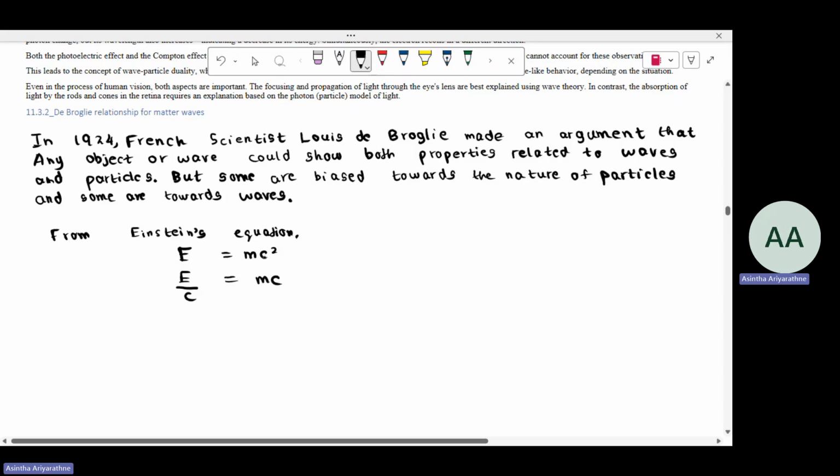Here c is the velocity of light, 3 times 10 to the power 8, and m is the mass of the particle.